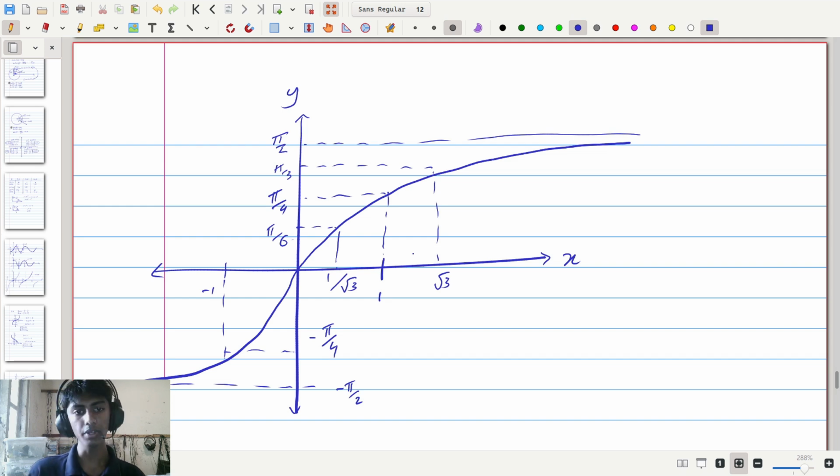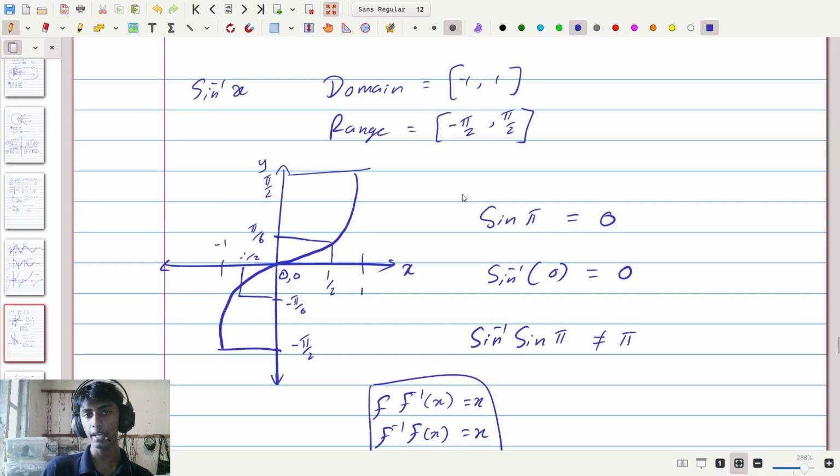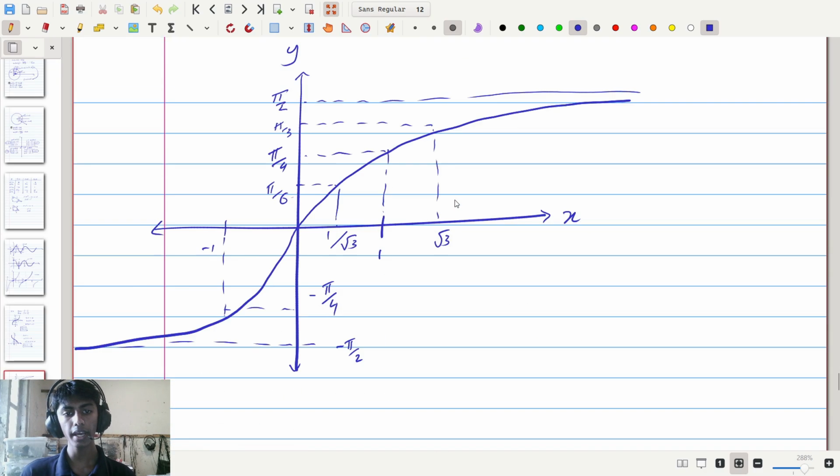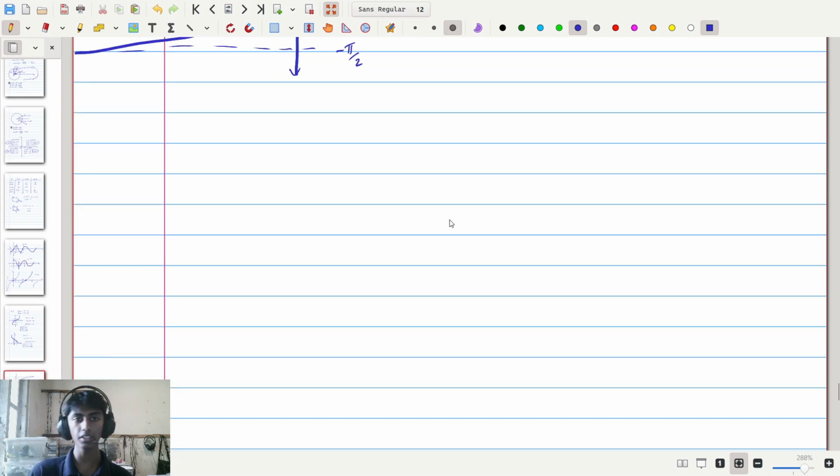So that would be it for our lesson. Remember that sine, cos and tan inverses are not proper functions, which means if you have sine inverse of sine x, it is not necessarily equal to x.